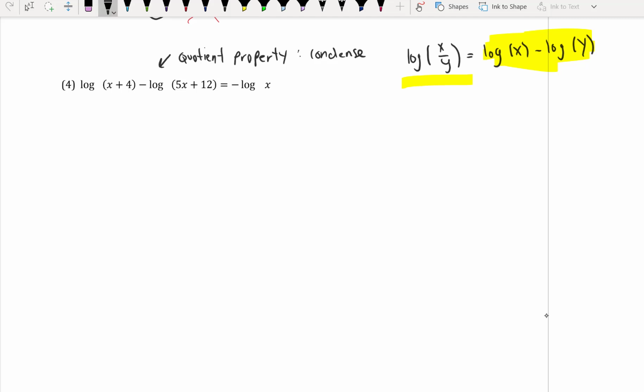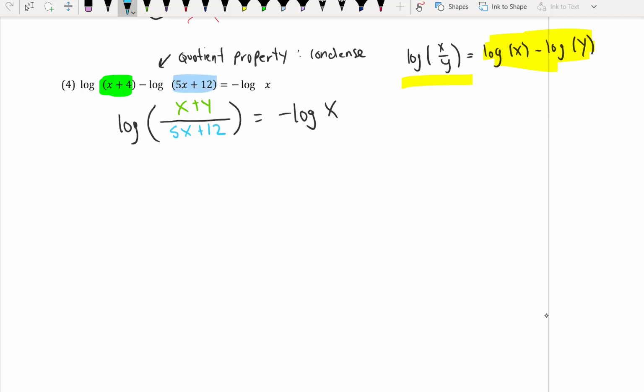So I know that I have a log, and I'm going to have something in my numerator, something in my denominator, and I have minus log of x. So what do I have? I have the first thing here, that's going to be my numerator, so I have my x plus 4. And I also have my denominator, which is that 5x plus 12.